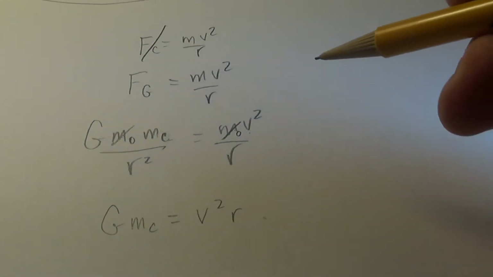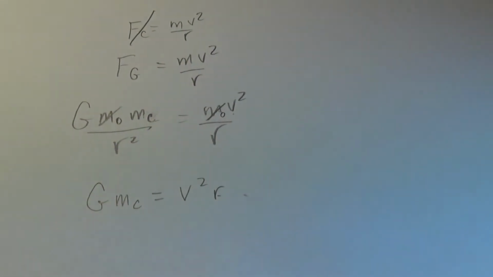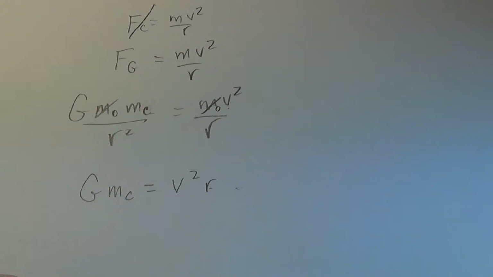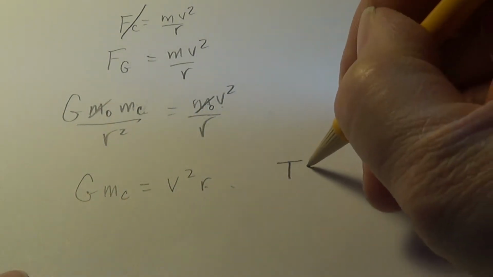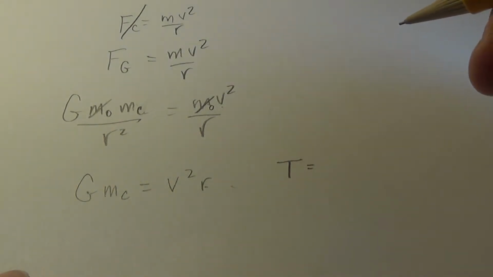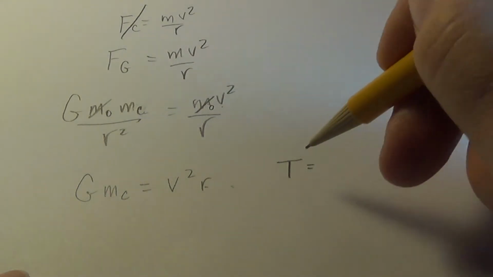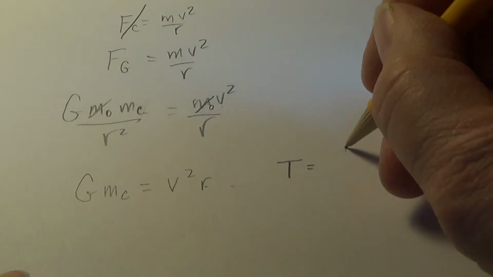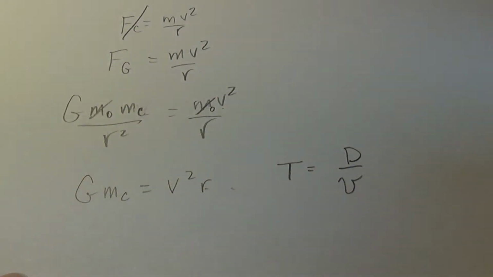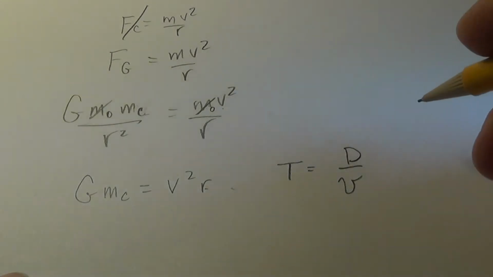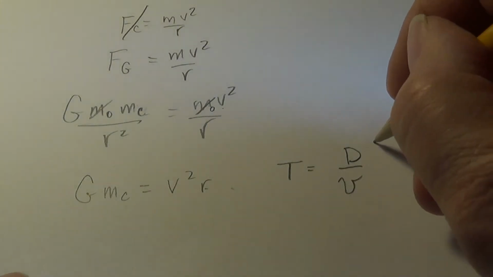Nothing new there, that was covered in detail on the last video. We also saw that the period, indicated with T, the time to go around once, equals distance divided by velocity. The distance is sometimes not given.